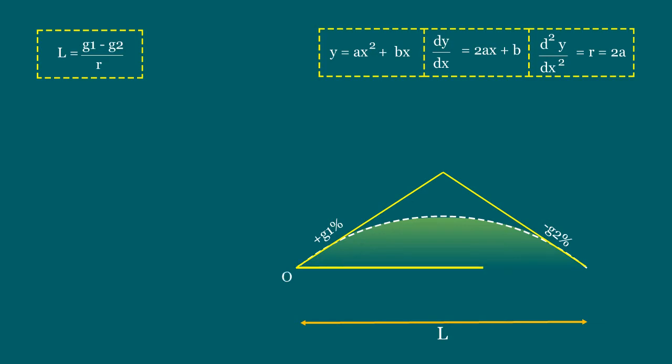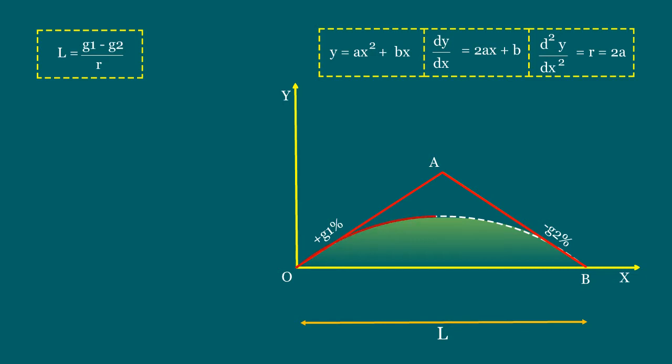In this sketch, OX and OY are the axes of the rectangular coordinates passing through the beginning of the vertical curve, O. OA is a tangent line having a grade of plus G1% slope, and AB is the tangent line having a grade of minus G2% slope. And OB is the vertical curve produced by the method of parabola.